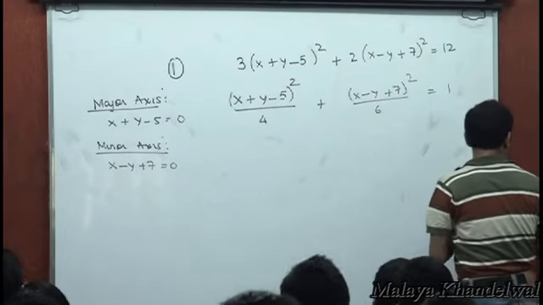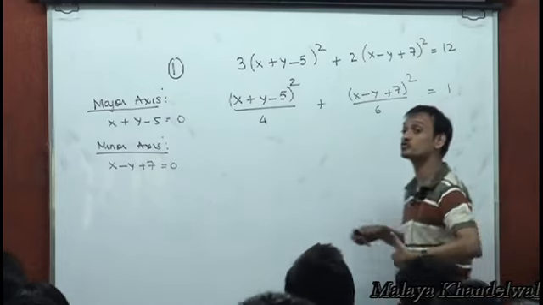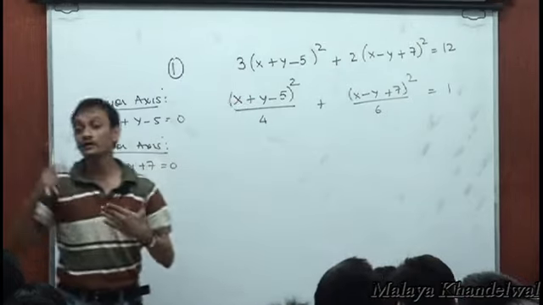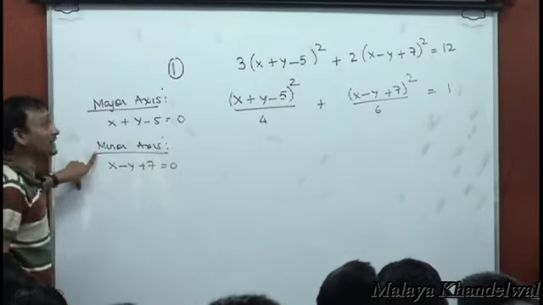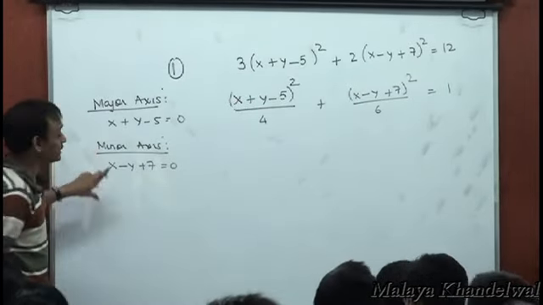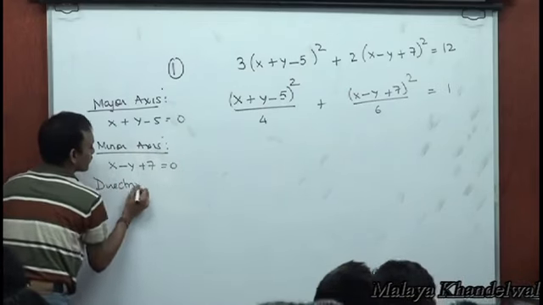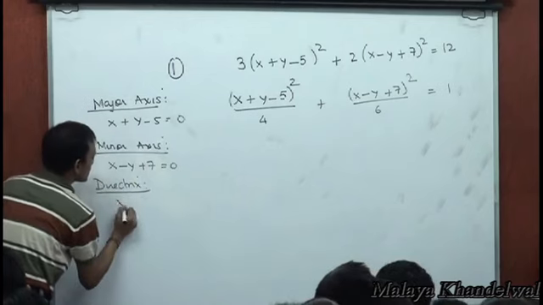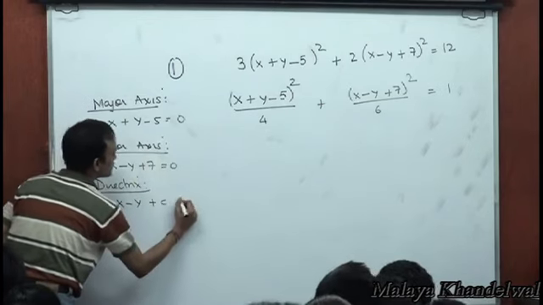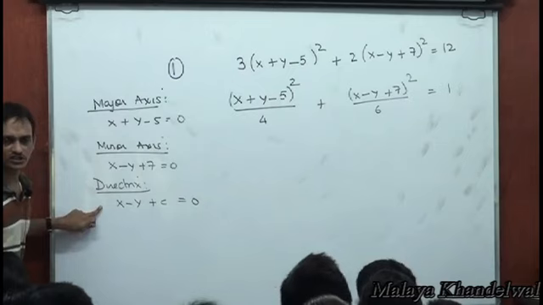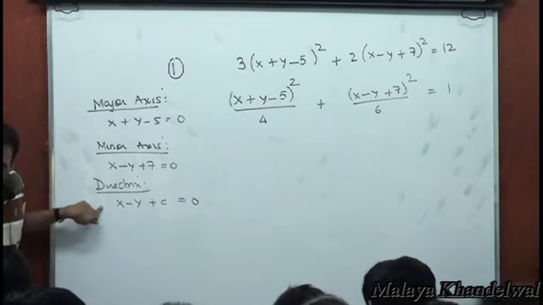Now, we need to compute the eccentricity of the ellipse, and the directrix would be a line parallel to the minor axis, right? So any of the two directrices must be of the form x minus y plus c equal to 0, because the directrix is always parallel to the minor axis.